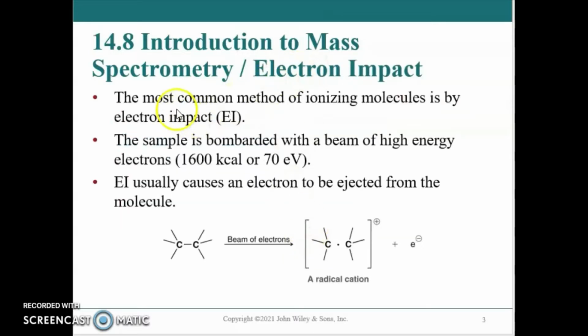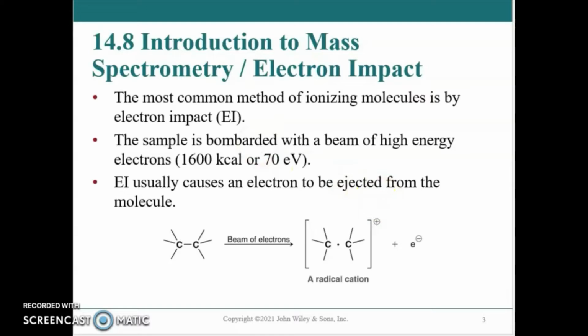The spectrum we looked at was an EI spectrum, and in our text, it refers to it as electron impact. I want to let you know that terminology is largely being replaced with electron ionization. In a very simple way, you can think of it as an electron colliding with the molecule.